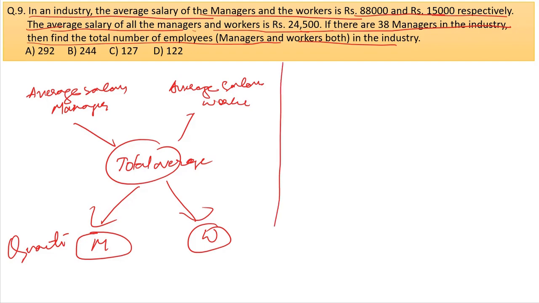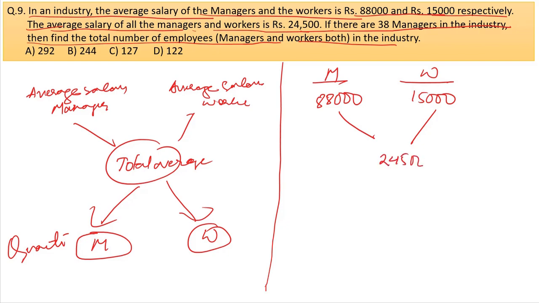So let us use this formula. This formula I have given in the first and second slide. So here the average salary of manager is 88,000 we have, and then worker part we have 15,000 average, and then the total overall average salary is 24,500.